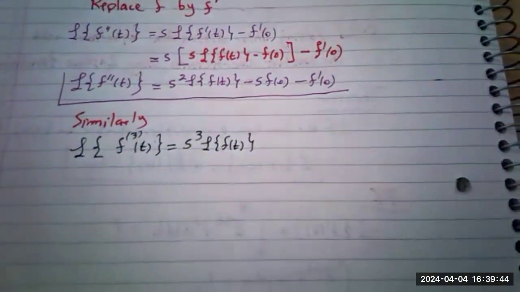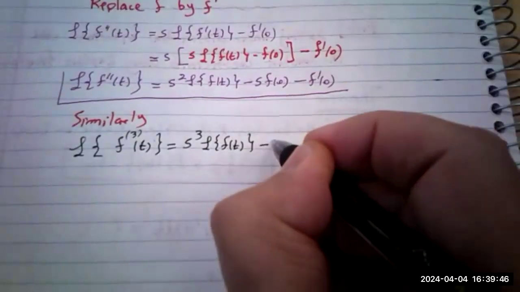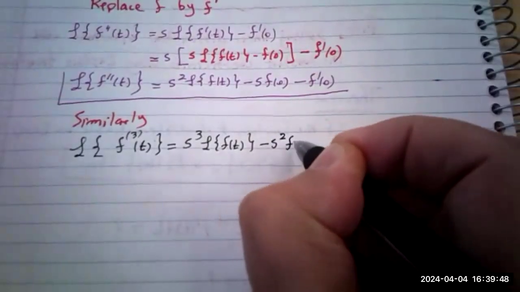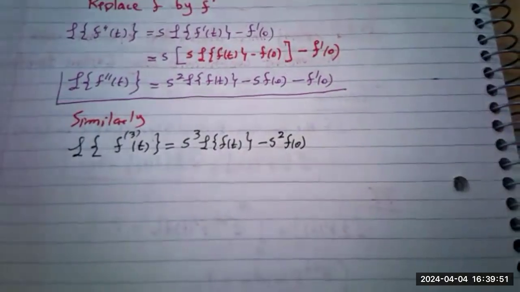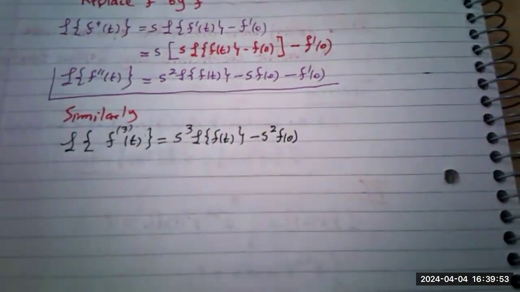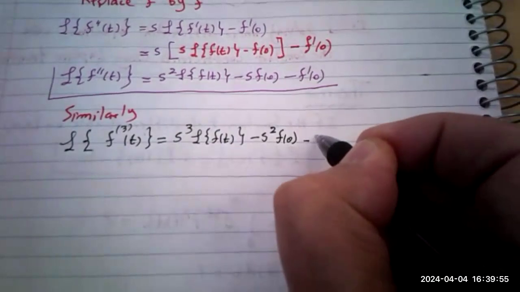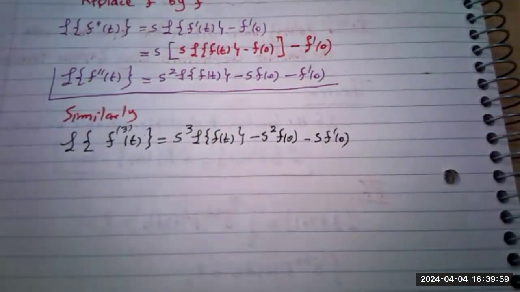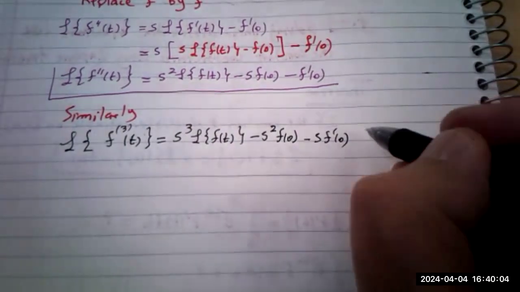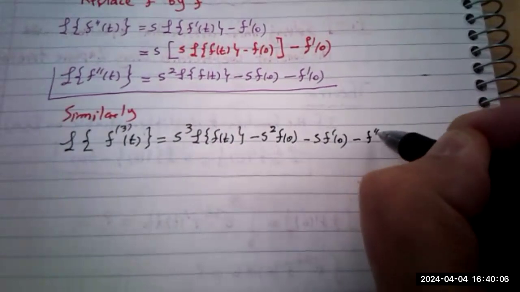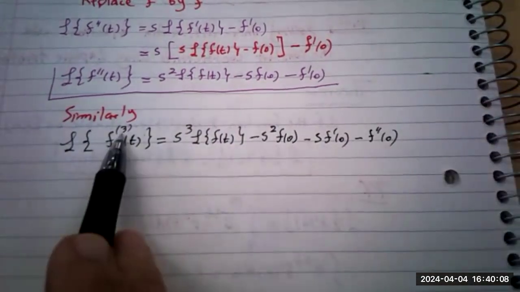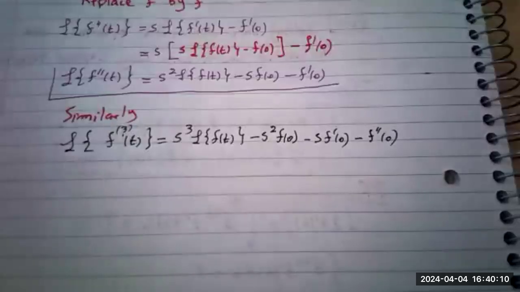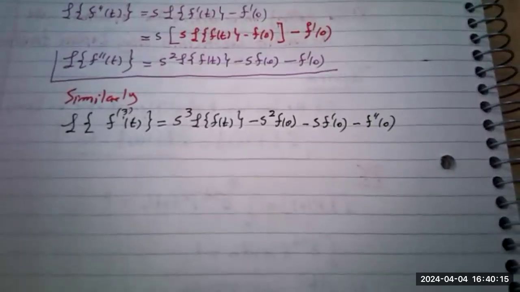Then you reduce the power of s, which is going to be s squared times f of 0, the function. Then you reduce it again: minus s times f prime of 0. Then you reduce it again and get s to the 0, which is 1, times f double prime. You start with the third derivative, but you end up with the second. So this is the way you're going to do this.